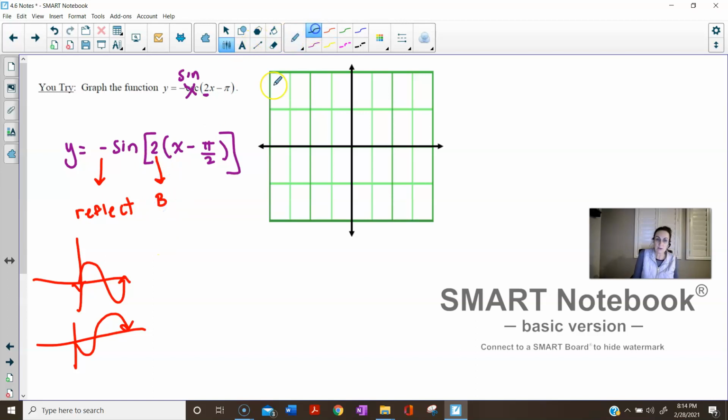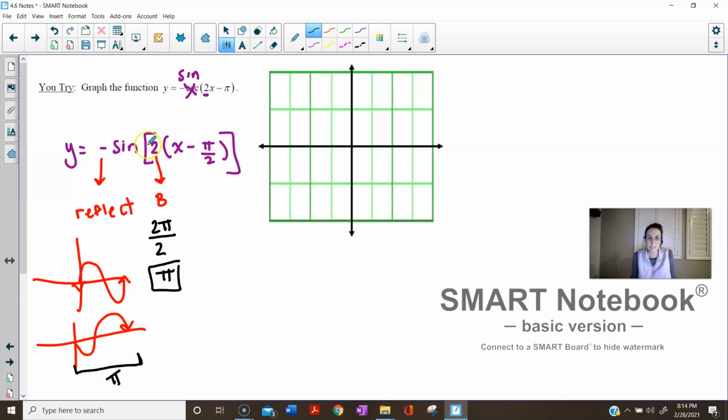And so your period is usually 2 pi, but this is going to be 2 pi over B, which is 2 pi over 2, which means now your period is going to be every pi units. You're going to get a down and under, up and over, from here to here, every pi units.